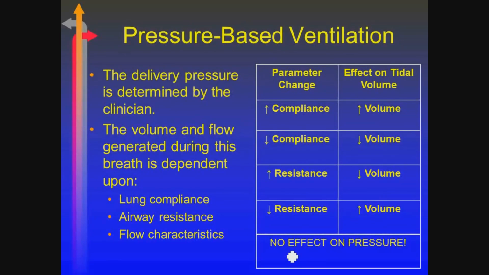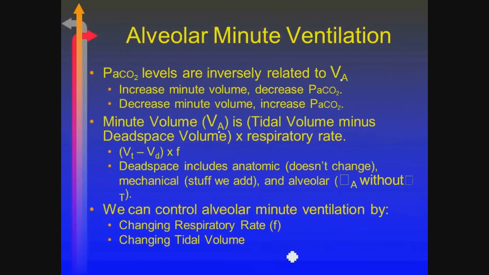So it's critical to know what the origin of that breath is, because how I'm going to respond to changes in patients' lung compliance and resistance is dictated by the type of breath I'm working with, as far as what I can end up doing. We know that alveolar minute ventilation is how PaCO2 is dictated.